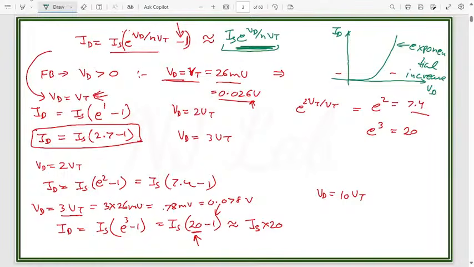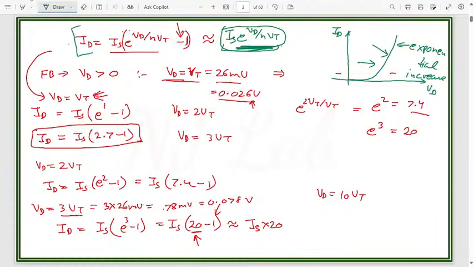So in the forward bias, we can ignore the minus 1 and our equation is something like this, and this equation is representing this exponential term. With this, we proved that the Shockley equation, which is defined as this, is true for the forward characteristic.